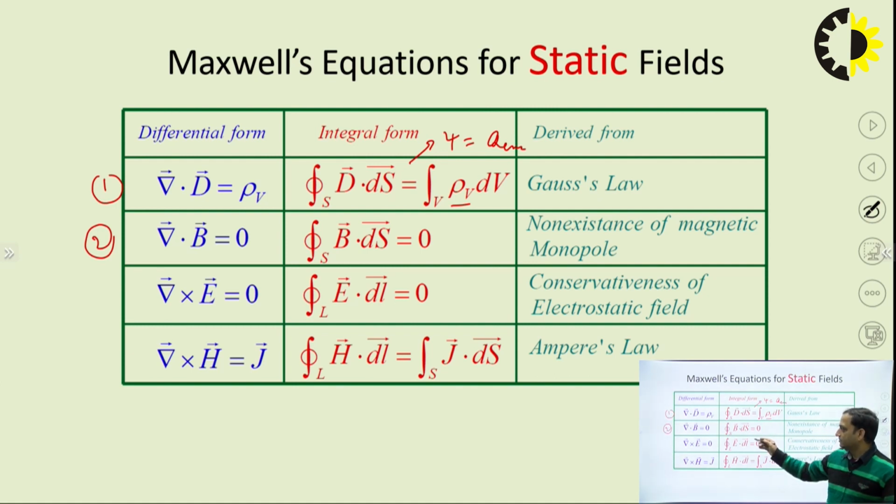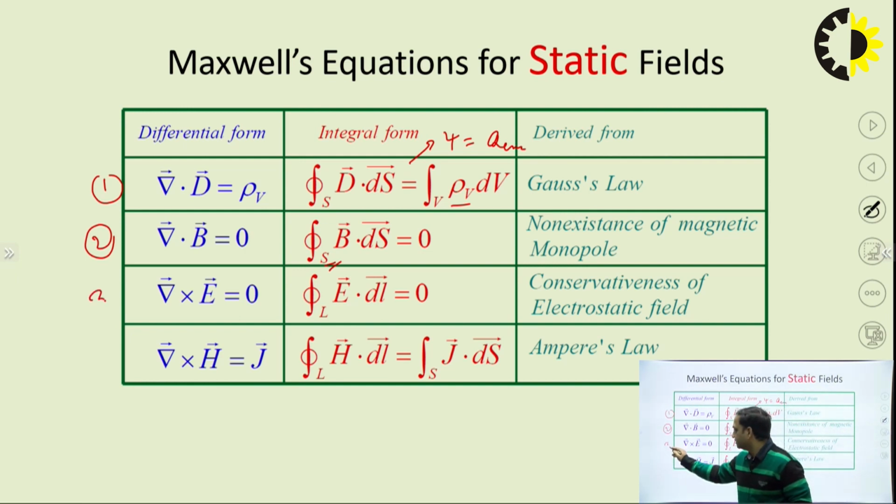The integral form for this equation is B dot ds over a closed surface is equal to 0. This is a very important point where we have to specify the circle on the integral. If it is not a closed surface, then it will not be 0.